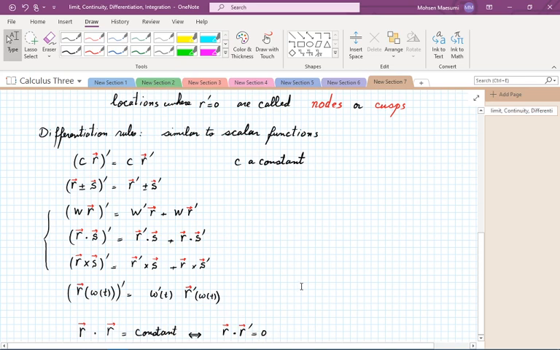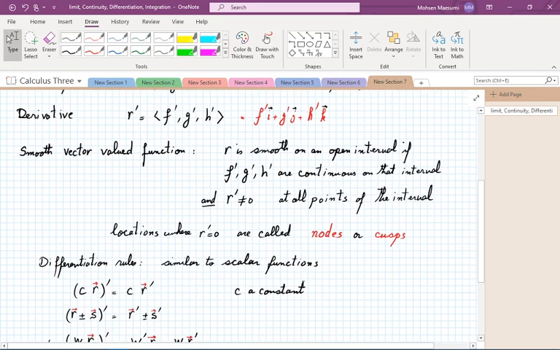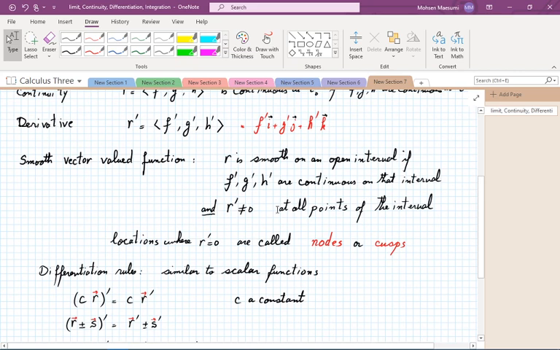The only thing to do is some exercises and explain perhaps what is the significance of the derivative becoming 0. Let me show you some pictures and then some functions that go with it. One of the most famous functions that shows this behavior of having nodes or cusps is the so-called Brachistochrone.